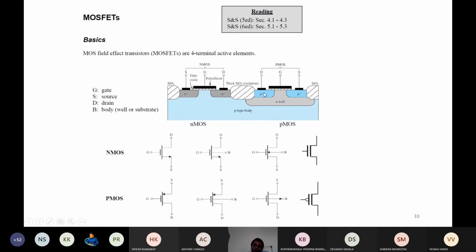Then P plus doping is done in this N region for the source, and a P plus region is created for the drain. Silicon dioxide is also created on top, then the polysilicon gate, and then metal. So here is the drain and here is the source, and again to isolate this transistor, some silicon dioxide is created at the side. Other components are not shown, only the complementary CMOS structure.